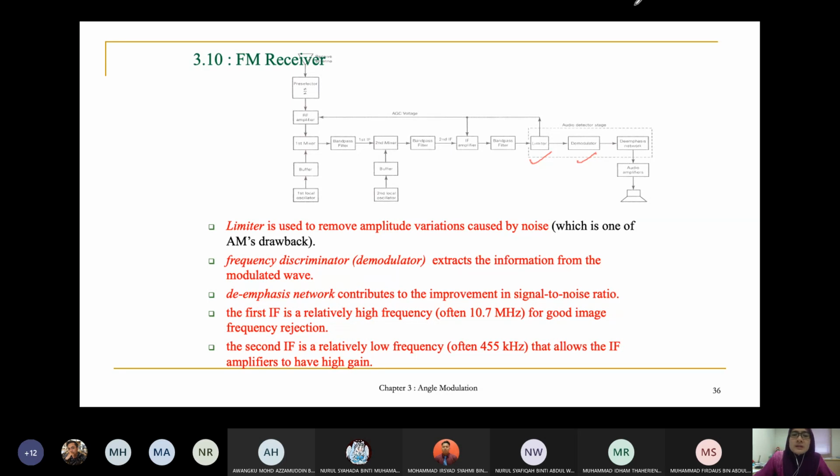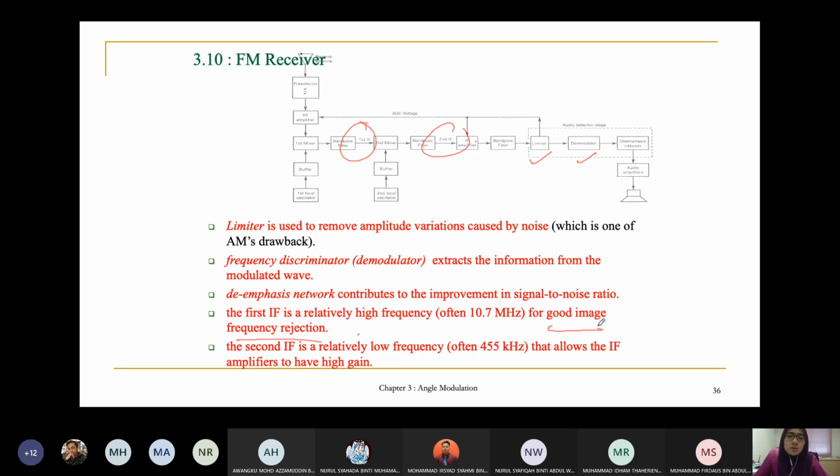So remember, in the previous slide, it is stated that this is the double conversion process because you have two intermediate frequencies. The first intermediate frequency consists of a high frequency in order to have good image frequency rejection. What is image frequency?